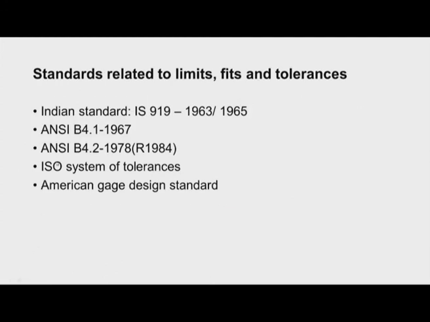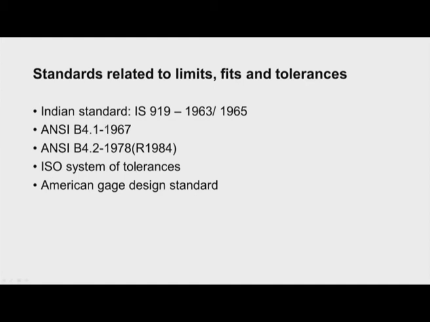Now, let us learn about the various standards available which are related to limits, fits and tolerances. Now, we have Indian standard IS 919, and then American system ANSI B 4.1, and then ANSI B 4.2, which deals with metric units, and then we have ISO system of tolerances.